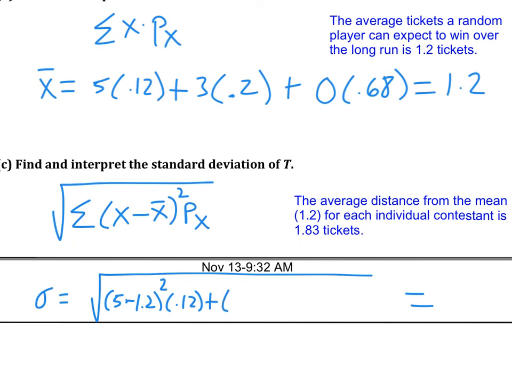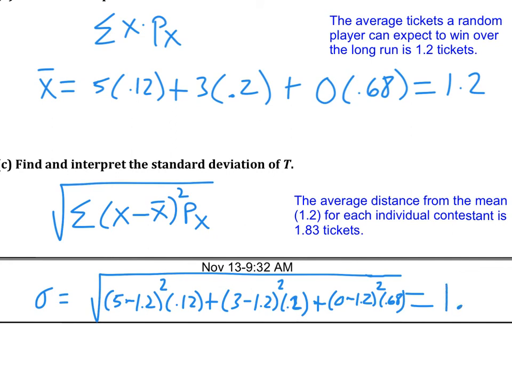There's 5. Here's 3 minus 1.2 squared. Plus, all right, got to try to fit this last one in. 0 minus 1.2 squared times 0.68.